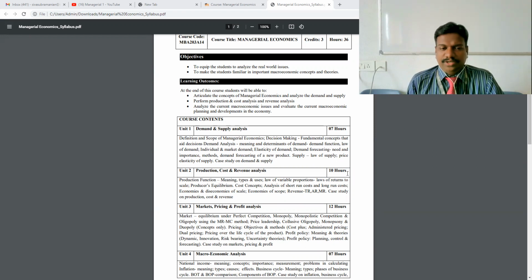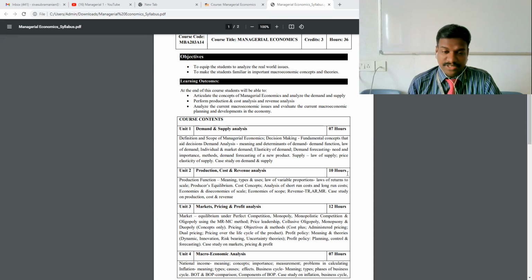The first unit starts with the basics of economics, the scope and definition of economics. There are certain fundamental concepts we are going to discuss with respect to demand and supply conditions.